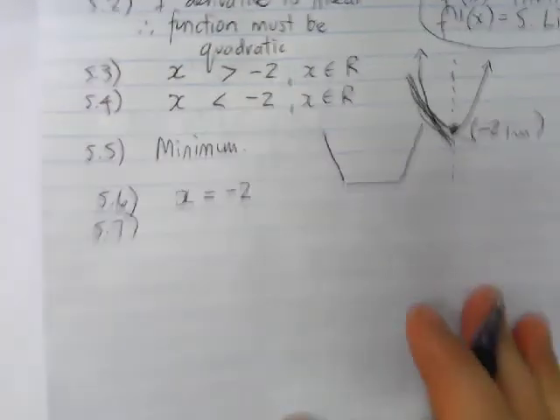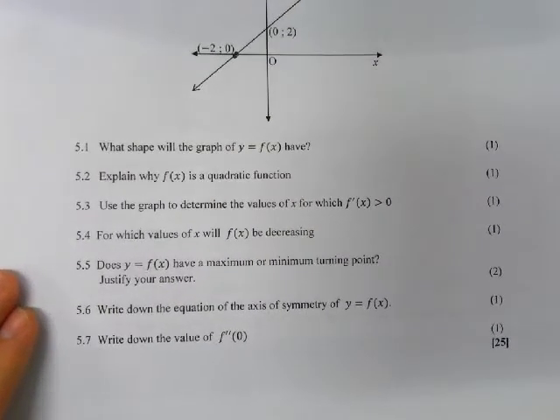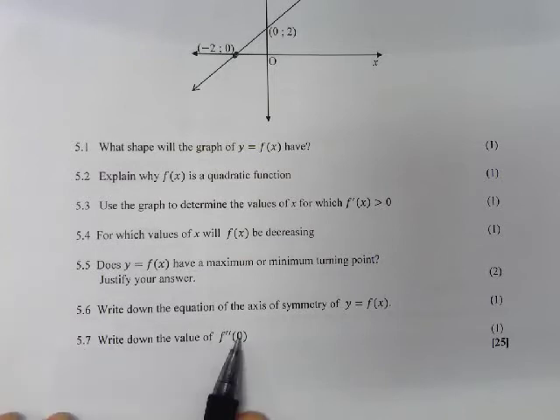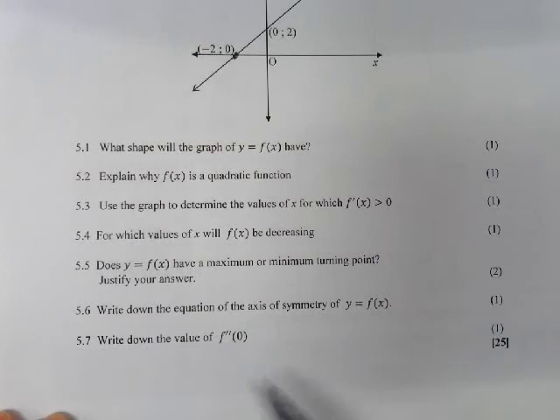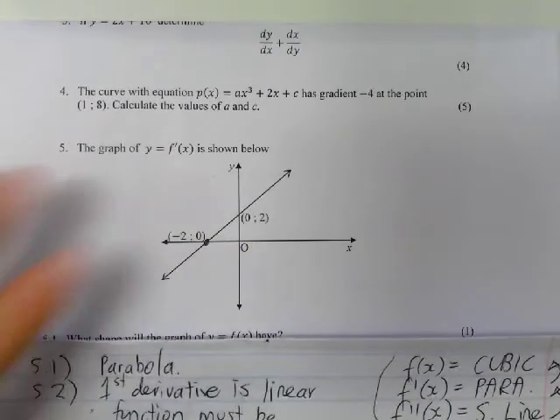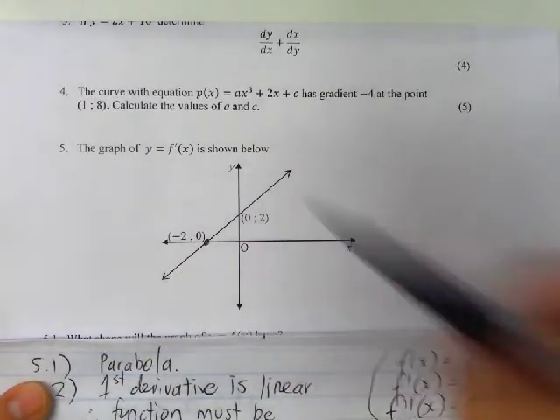Right? 5.7, the last question of your test, said the following. Write down the value of f double dash, or the second derivative, of 0. In other words, what's the answer for when you sub in x of 0 into the second derivative? In other words, you would go look at the gradient of this straight line.